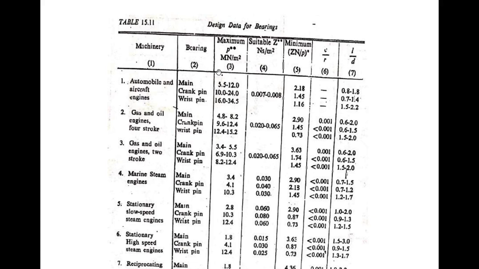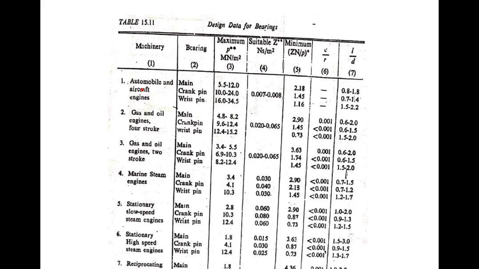Here, these are the part of design data book of Mahadevan. In this table we have to know what is the suitable range of L by D ratio, C upon R ratio, maximum pressure P in case of different bearings.